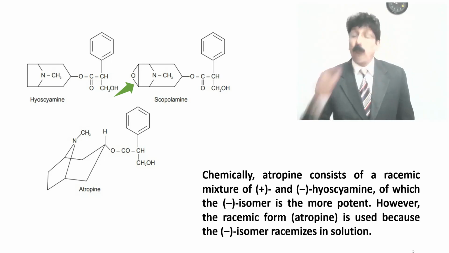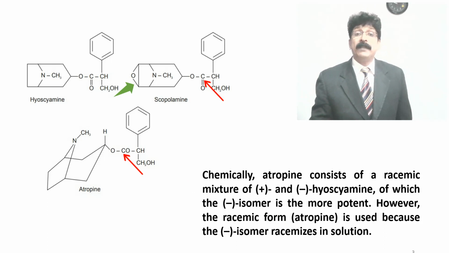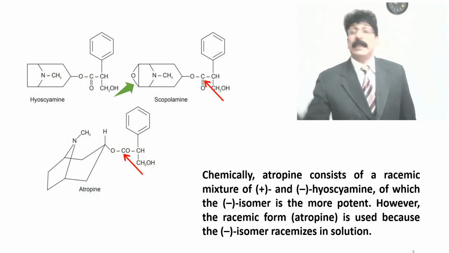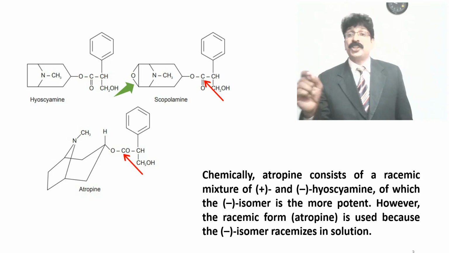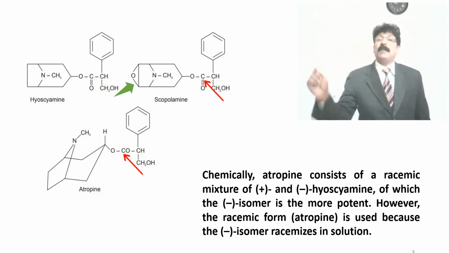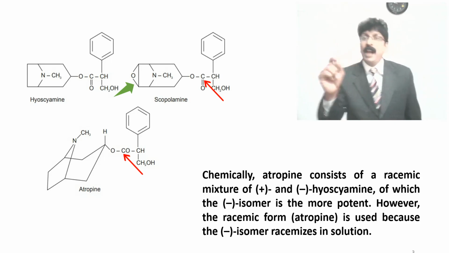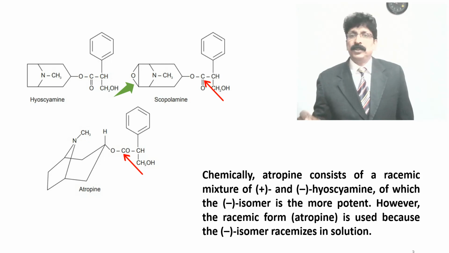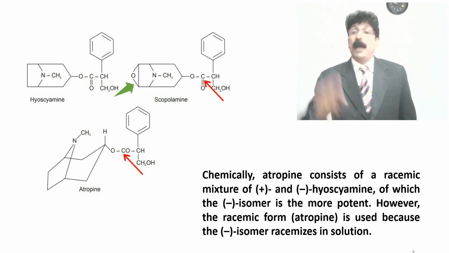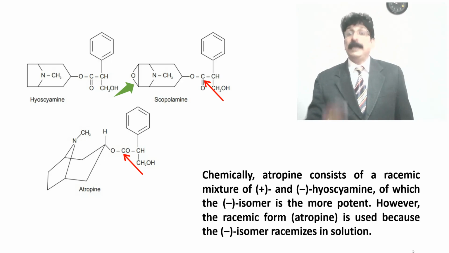Once you write it and see, it is easy. It's an ester, you can see, tropane COO, then it is attached with the CH, CH2OH and a benzene. So you can see RCOO, R means ester, which is formed from an alcohol and an acid. So atropine, hyoscyamin, scopolamine, all of them are esters.